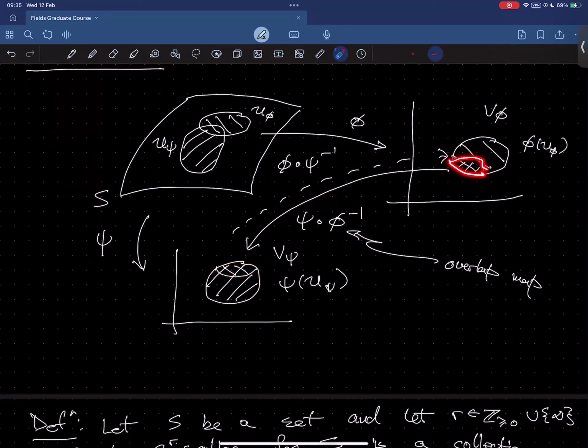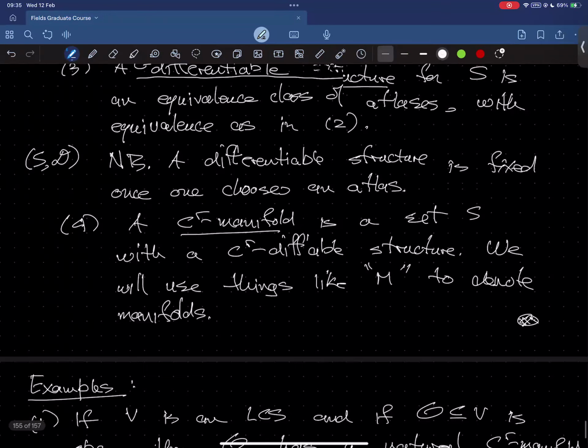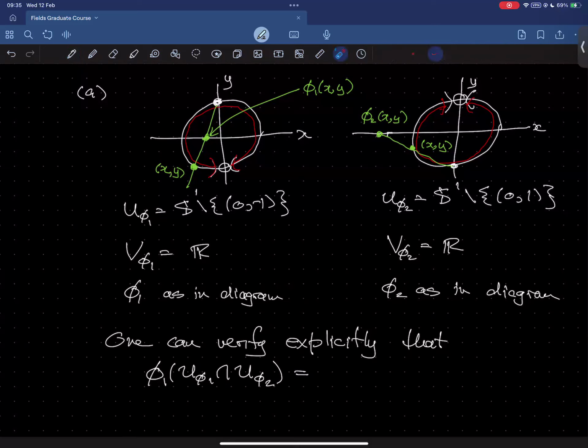So the image of the overlap in each of the charts has to be open. We can write down what those images are. One can verify explicitly that phi1 of U phi1 intersect U phi2 is equal to, let's see what it'll be.